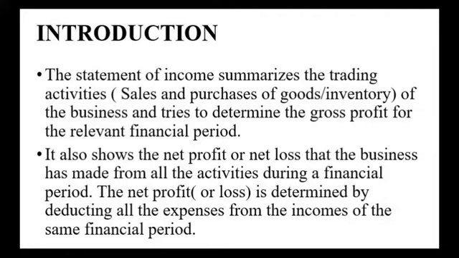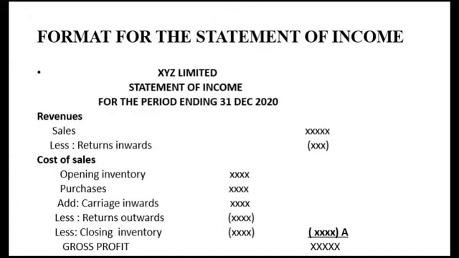Statement of income also shows the net profit or the net loss that the business has made from all the activities during a financial year. The net profit or the net loss is determined by deducting all the expenses from the income of the same financial year. Now let's have a look at how to prepare the statement of income.